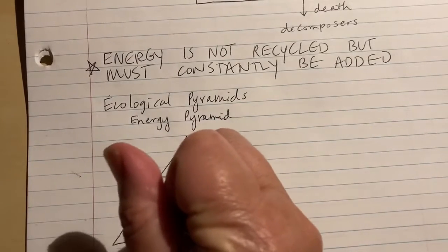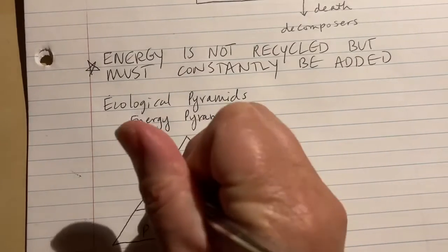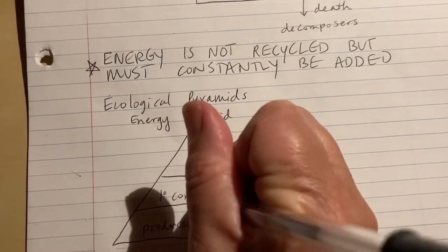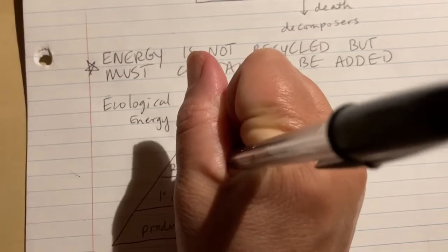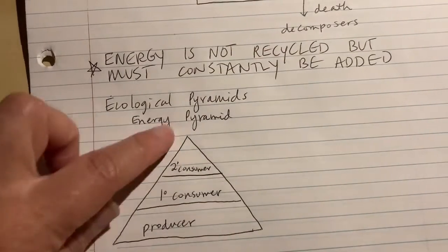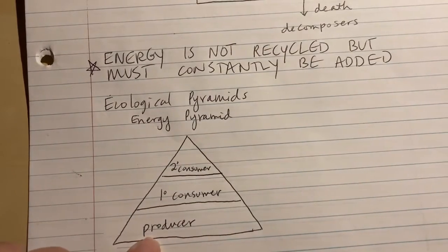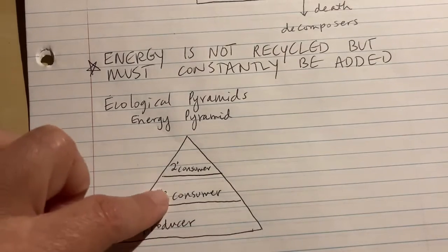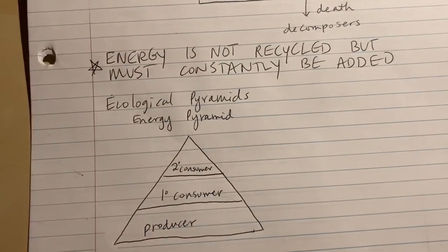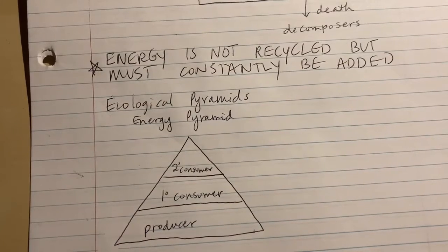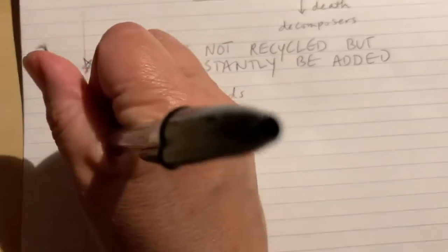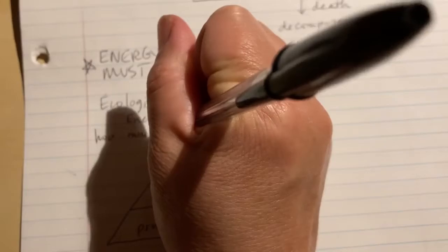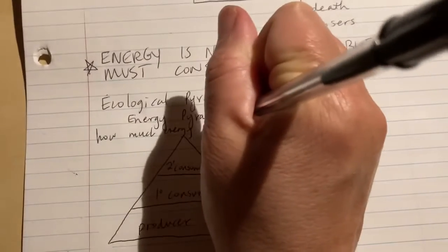Of course, we have our producer level, our primary consumer level, and our secondary consumer level. And in all of our energy pyramids, we always have the producers at the bottom, and we go up primary consumer, secondary consumer, and sometimes tertiary consumer, right? Depending on the pyramid. But an energy pyramid is showing how much energy is at each level.